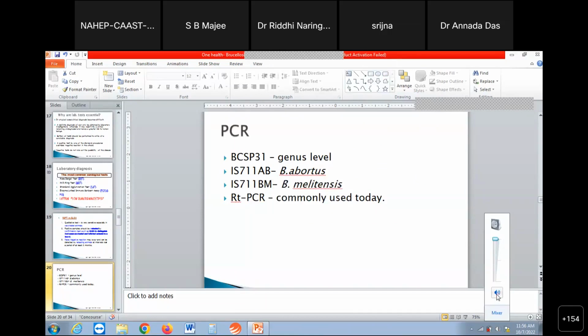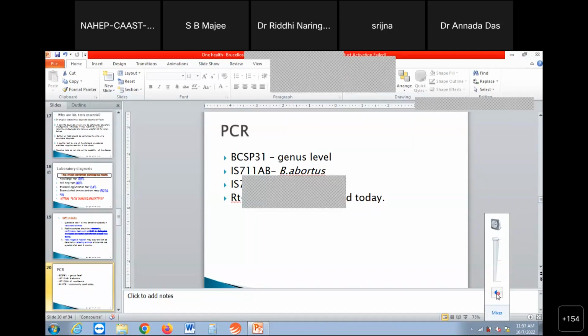We have got the IS711 AB PCR for Brucella abortus and the BM PCR for melitensis. These two can be used after the genus level identification for identifying which one it may be. And real-time PCR is the most commonly used today. The first three are slowly getting obsolete, and people are going in for real time simply because they can also find out the load of organisms in the sample.